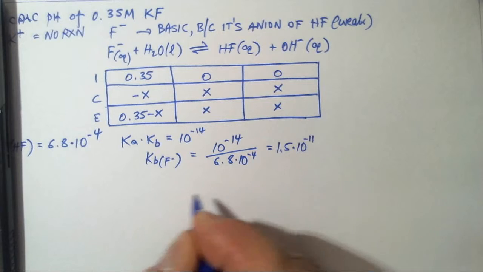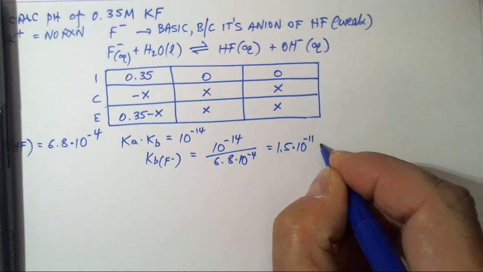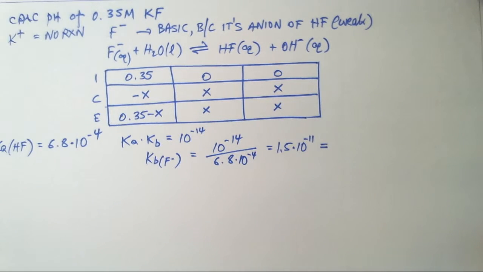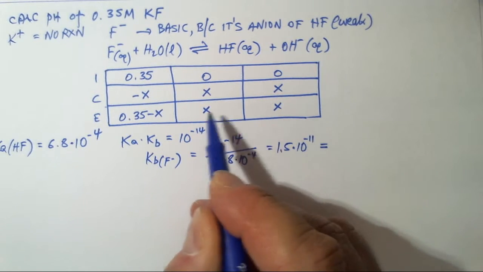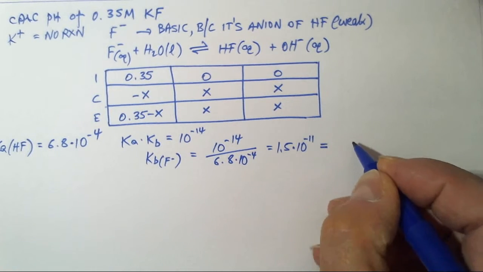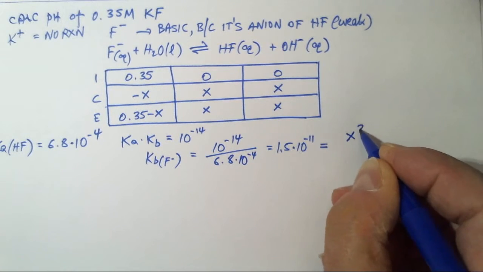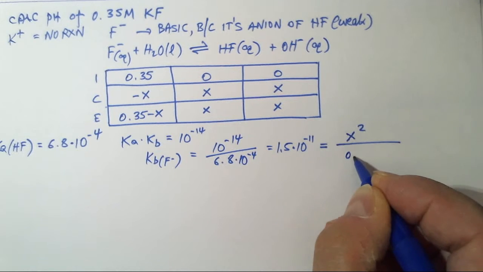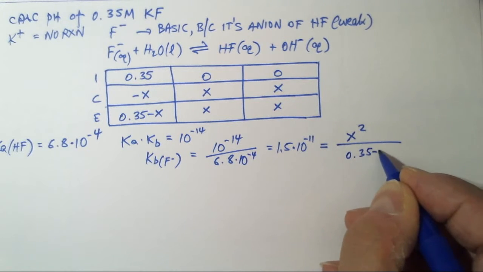Okay, so by definition of an equilibrium constant, isn't that going to equal the product of the products, if you will, divided by the reactant? So that's x squared over 0.35 minus x.